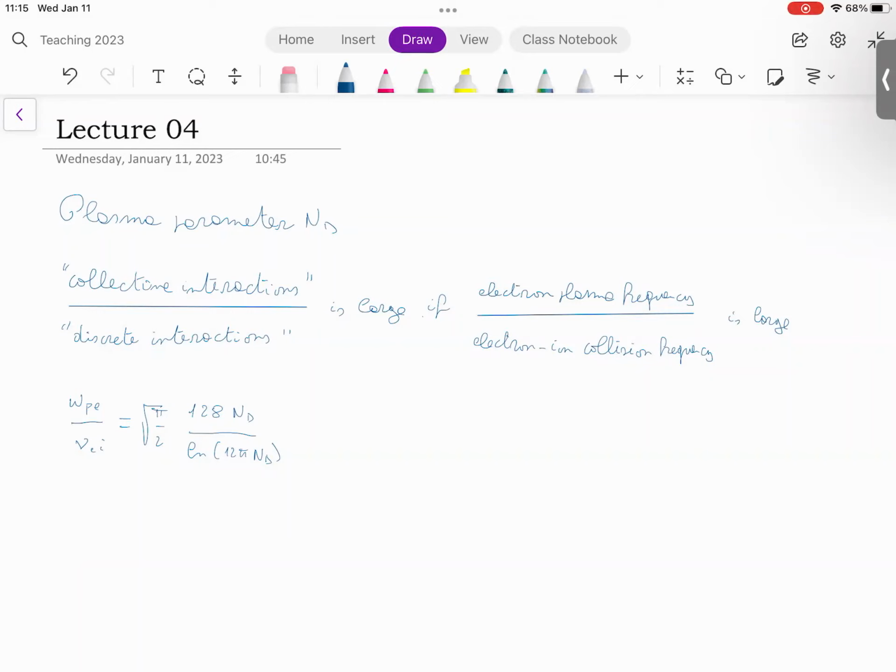On the other hand, if the opposite is true, that means that we see collisions before we can see even just a part of the period of the oscillation of the wave, so that the wave will not really have a chance to exist in the plasma.